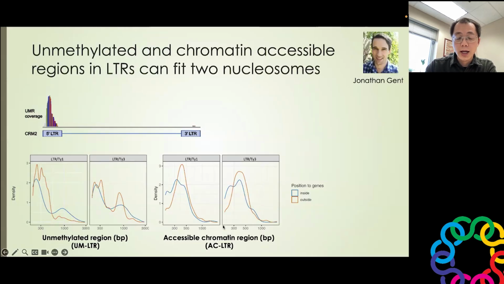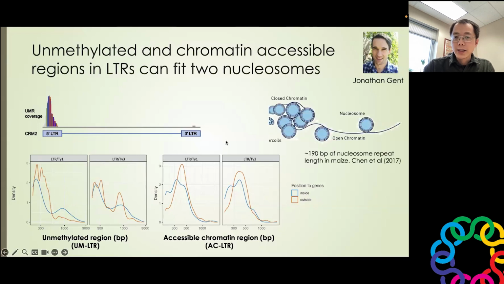We also have this accessible chromatin region data coming from ATAC-seq. It's also at the whole genome level. So we also look at accessible chromatin, which is around the same length as the ATAC-seq and the UMR data. And this happened to be around 2 to 3 nucleosomes in length.